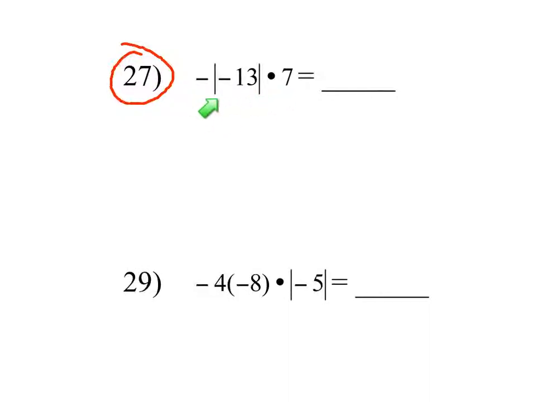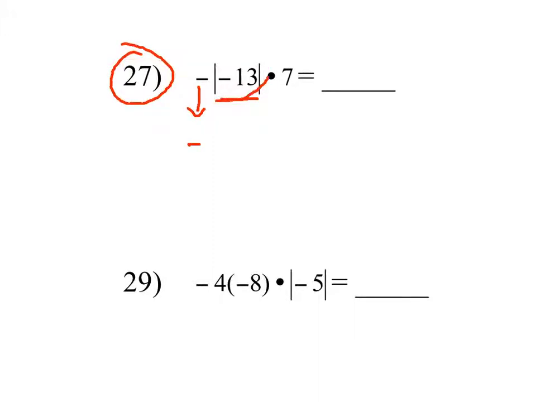The opposite of the absolute value of negative 13 times 7 is the problem. We discussed absolute value in class being the distance a number within the symbol is from 0 on a number line. So I'm going to take this part in red that I've underlined and say that that's 13. Okay, so I'm going to bring down my negative sign.